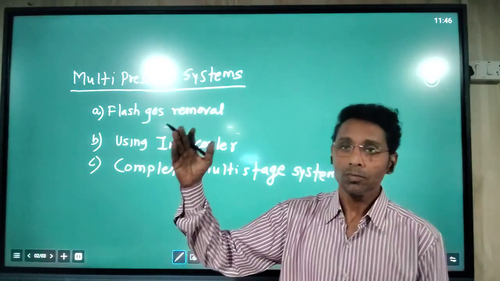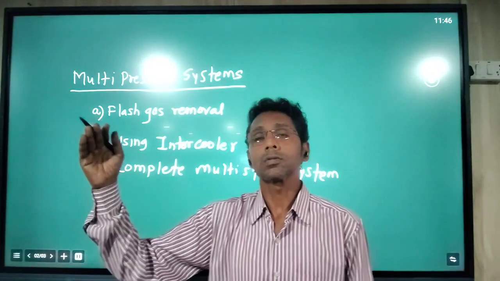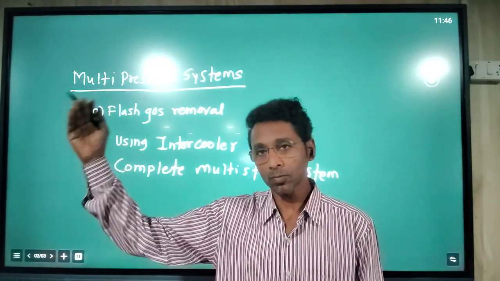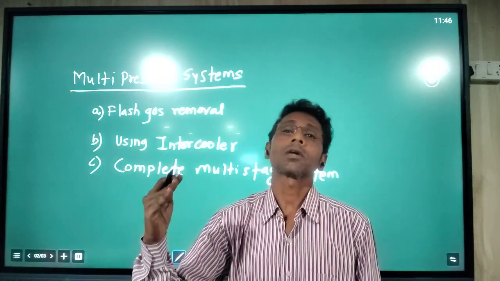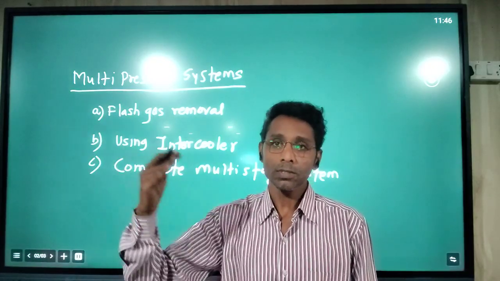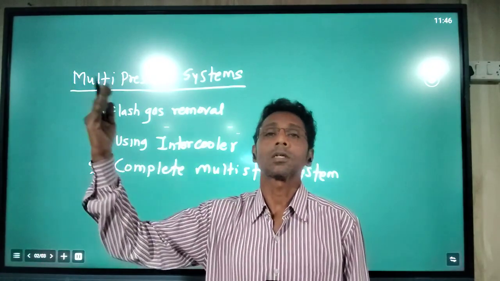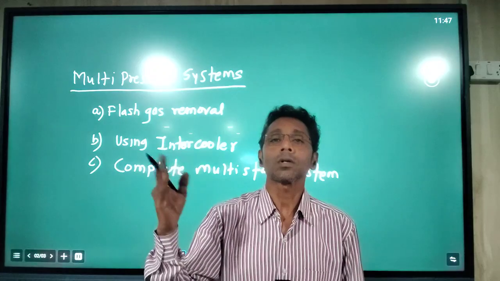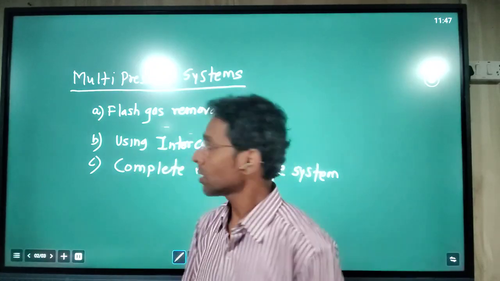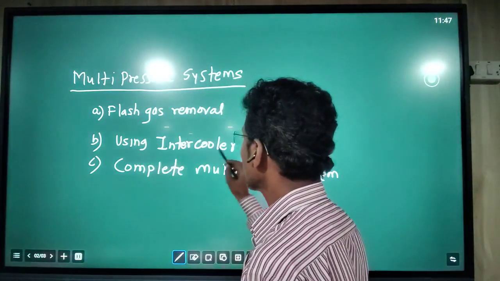Means in this case, we have to bring the vapor from the superheated vapor state to dry saturated vapor. So this process is desuperheating. For desuperheating, we have to cool the refrigerant. So that is why we use an intercooler.